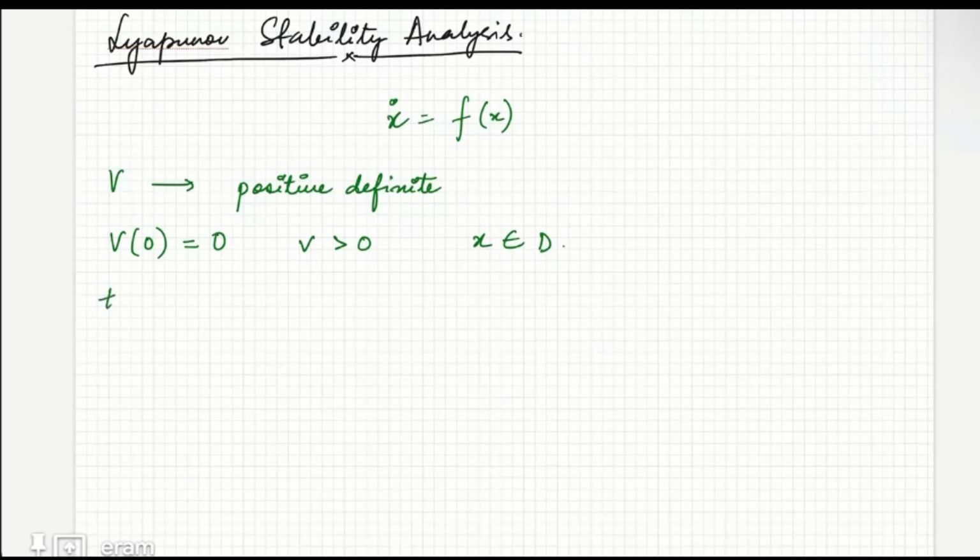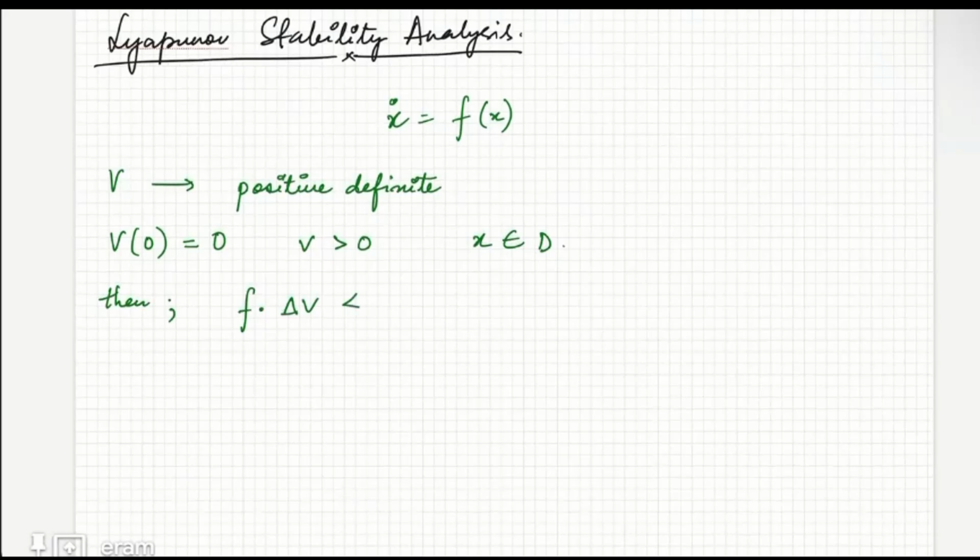Then if we have constructed such Lyapunov function, then for this system we can calculate its derivative V dot, which is f into gradient of V. So that will be nothing but the derivative of V with respect to time.